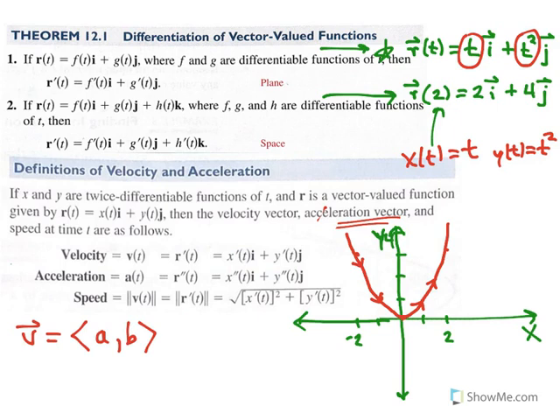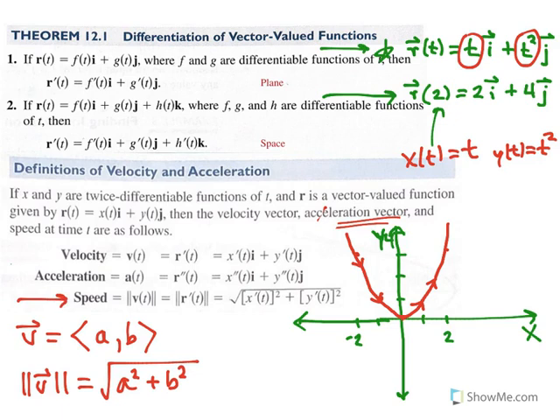When we started this chapter, we learned that the magnitude of a vector v may be found by taking the square root of the sum of the squares of the individual components. And that's what we're doing here to find the speed function, which is a real valued or a scalar function. It's not a vector. Speed is a scalar.